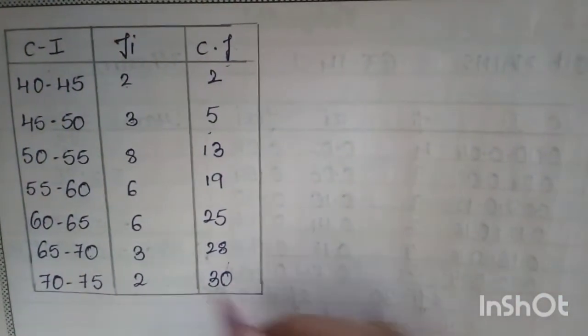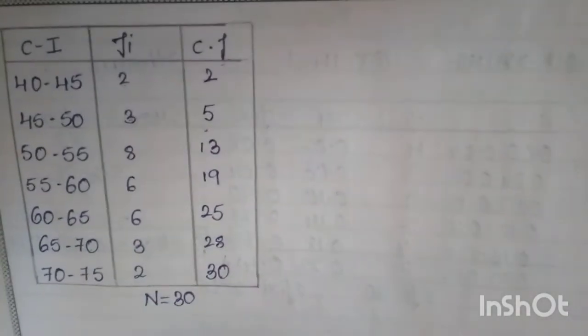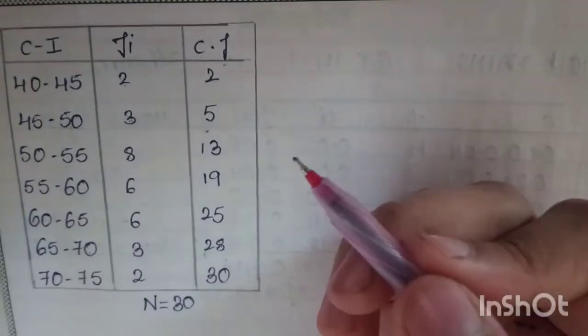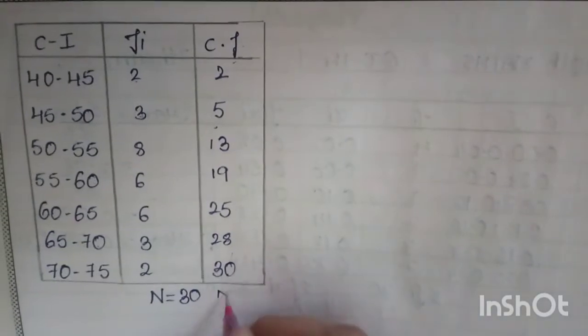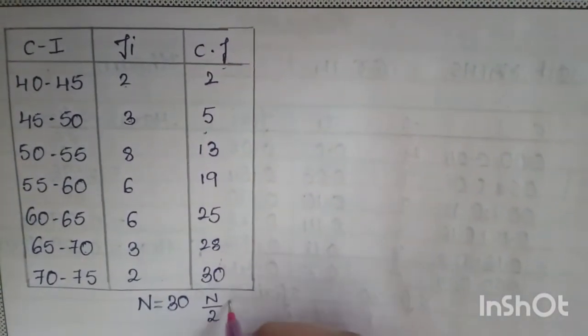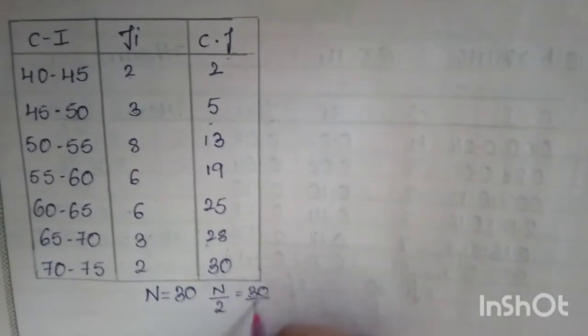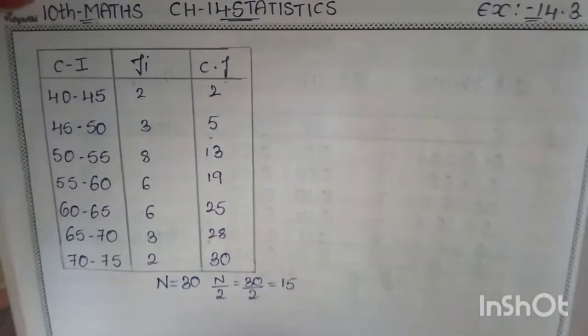Okay, so this 30 is known as n. N is equal to 30. You can also add all these values if you want and check it out. Now in this we need n by 2. N by 2 is nothing but 30 by 2, which equals 15.